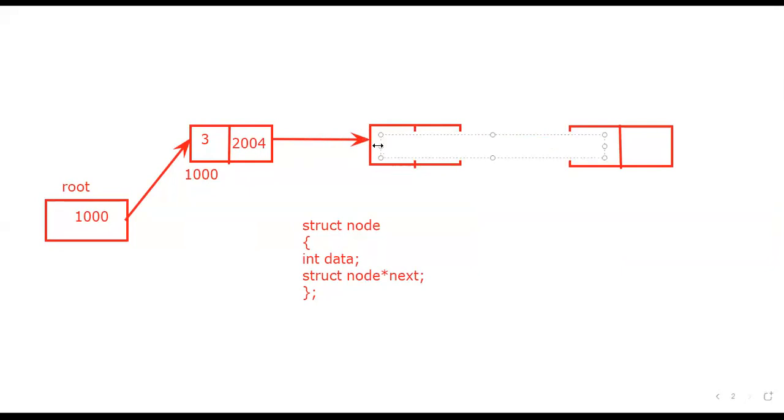So now the data may consist of, for example, 4. Just casually I'm taking the value 4. Okay. Now the address of the next location is here, 2000.